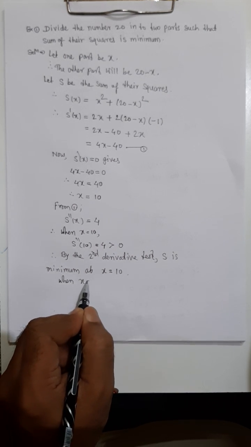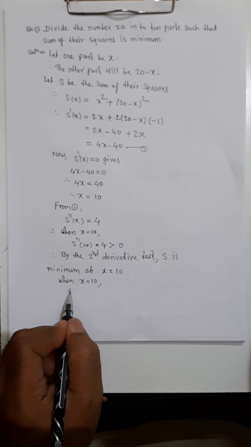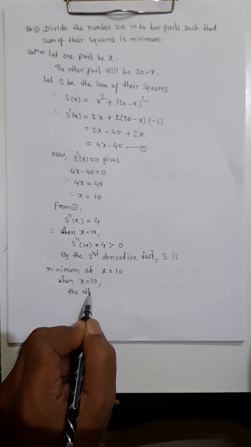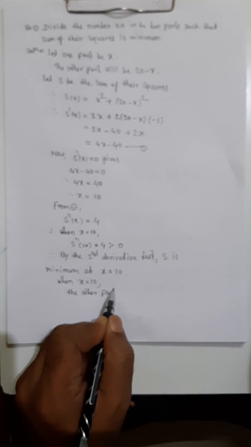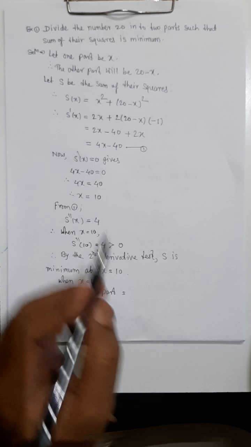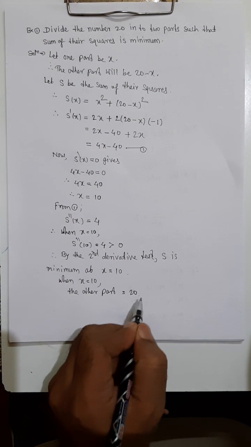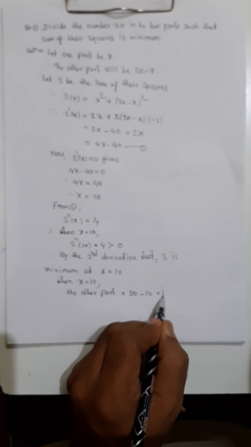So when x equal to 10, we can find the other part. The other part we have taken as 20 minus x. So x means 10, and that is equal to 10.